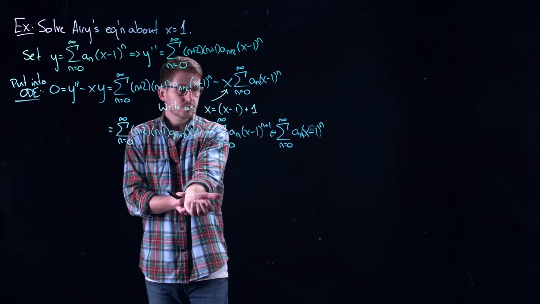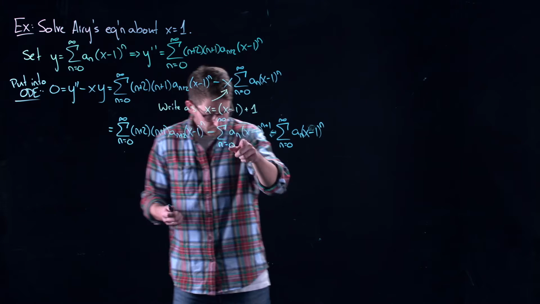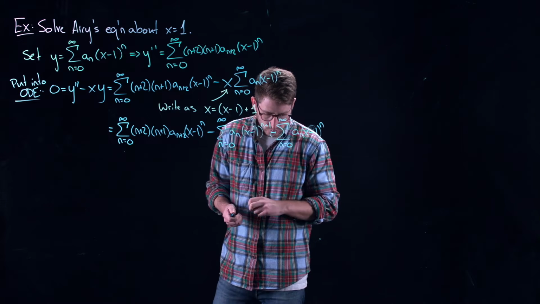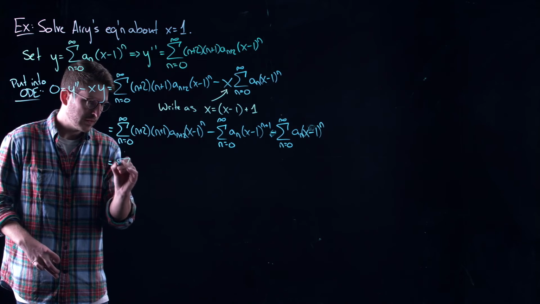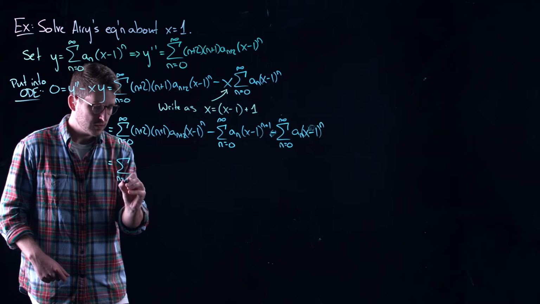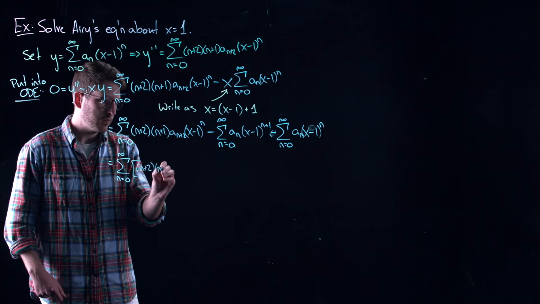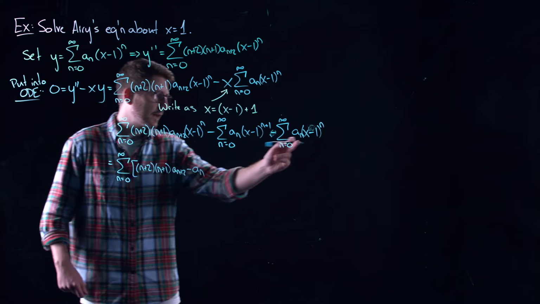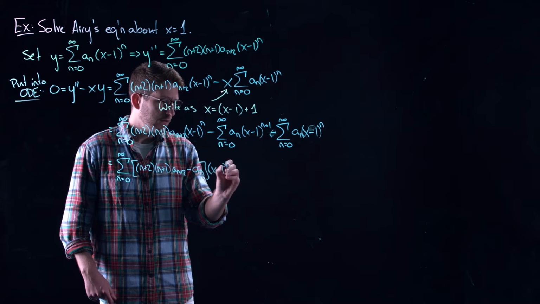Now, in this case, the generic term is 1 power higher than everybody else. So I would like to be able to start things at x equal to 1. So let's pull everybody together that has a generic term of x minus 1 to the n. That's these two: n equal to 0 to infinity, n plus 2 times n plus 1, a_(n+2) minus a_n, from this piece right here, and then x minus 1 to the n.